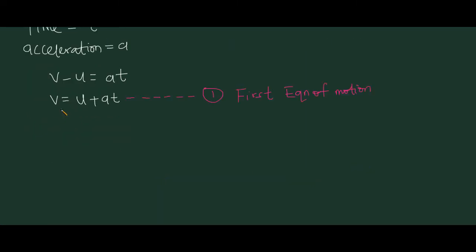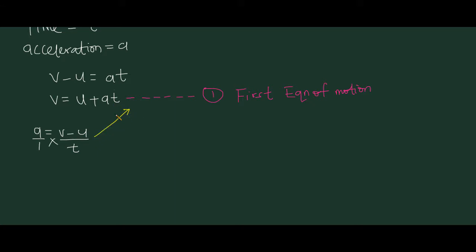We can recall from our formula of acceleration that a is equal to v minus u over t, which also proves our first equation of motion. a is equal to the change in velocity, v minus u, over the time taken. When we cross multiply, this will be a multiplied by t, and it will still result back to our first equation of motion.